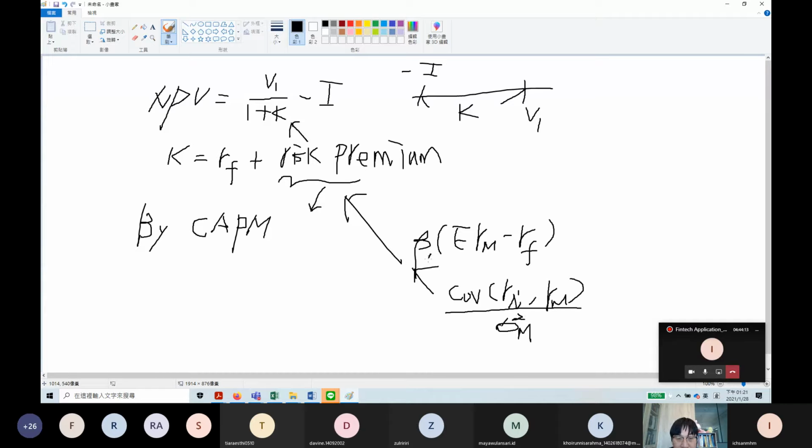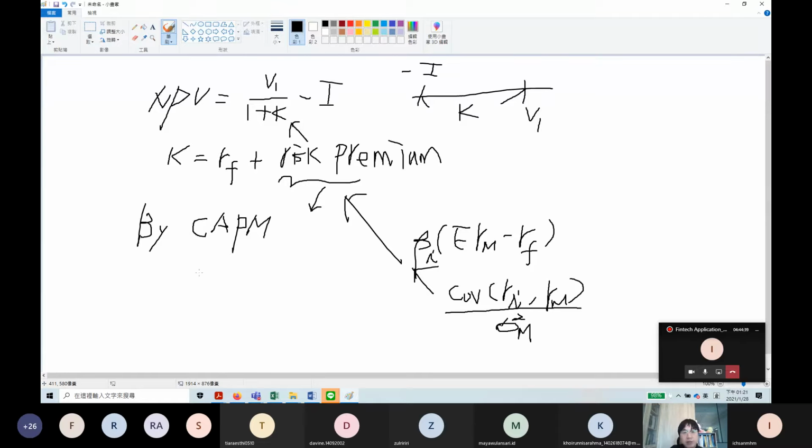That's your beta. So if you invest your money in some security i in the stock market, the beta will be different for different securities.